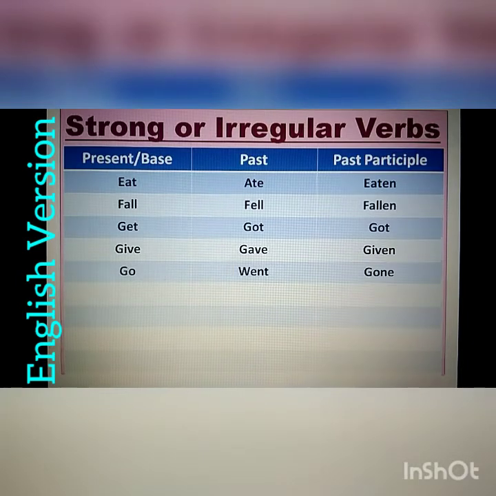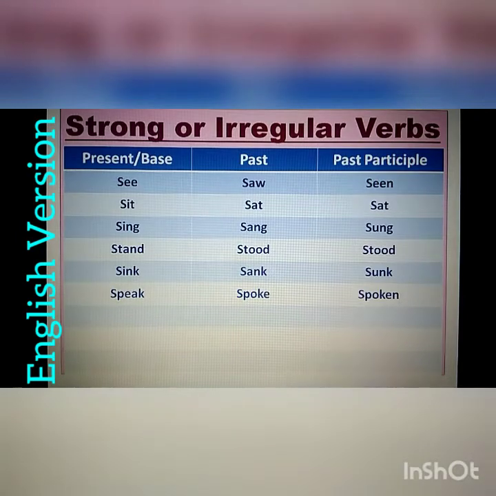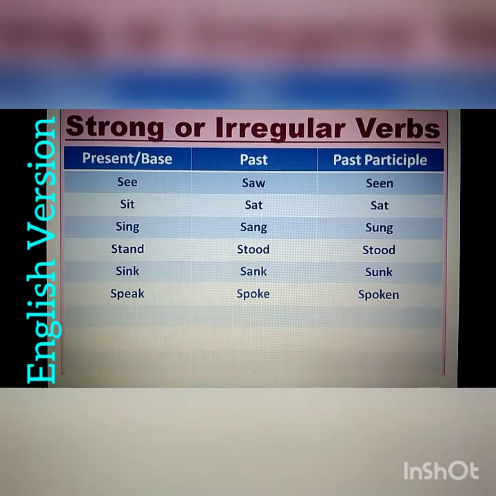All known forms of present, past and past participle. Now, know, knew, known. See, saw, seen. All these are strong verbs, and in these cases, to get the past and past participle forms, only the vowels of the verb in its base form are changed or converted.